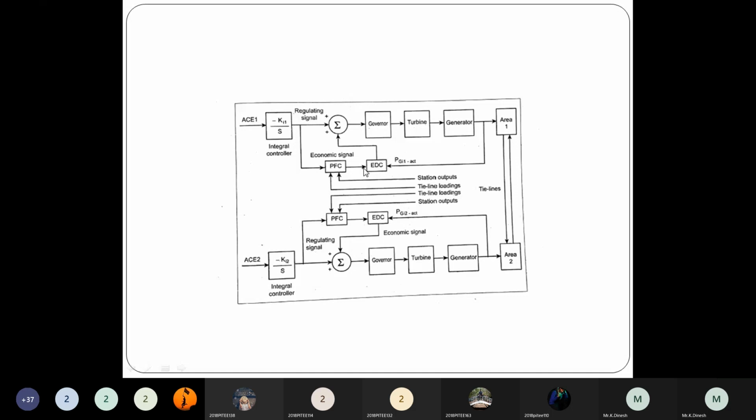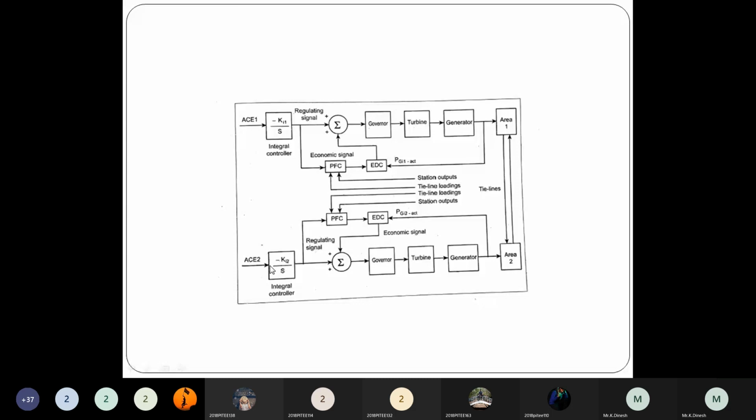So EDC, PFC, again it will connect to your regulating signal. From your power flow controller, you have your station outputs, tie line loadings, one more tie line loadings, station outputs. So 2 tie lines are connected here. Area 1 to area 2 is mutually connected, and the 2 tie lines are connected in both directions.